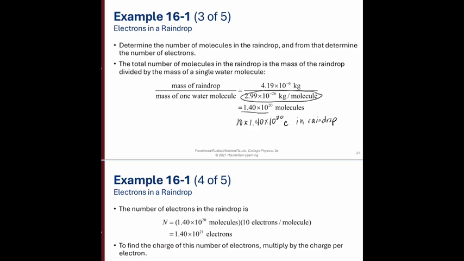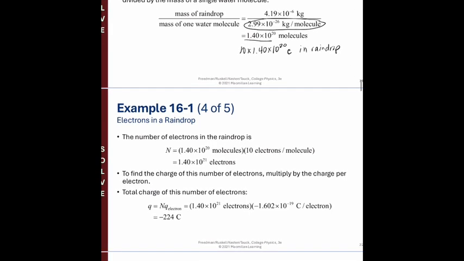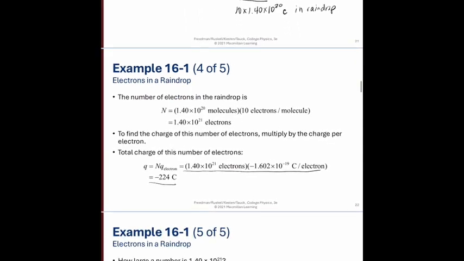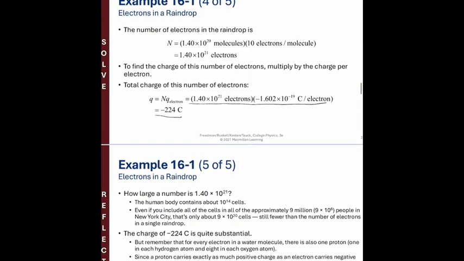How much charge is in each electron? 1.602 times 10 to the minus 19 coulombs. So there we go. Multiply that all together. When you multiply the number of electrons times the charge per electron, you get negative 224 coulombs. So that's a huge amount of charge, actually. It's a very big charge.